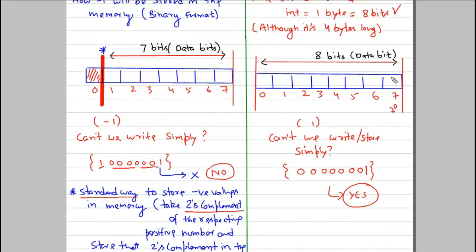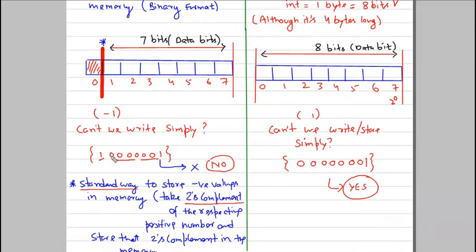So we just need to write 1 over here, and in each and every remaining place we can write 0. In this simple way we can write this for whole numbers, but for negative numbers we cannot do that in terms of the signed bit.